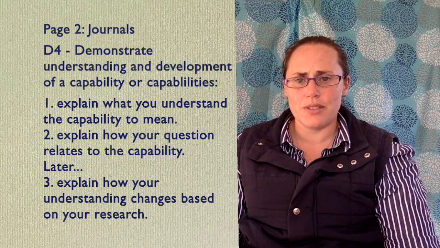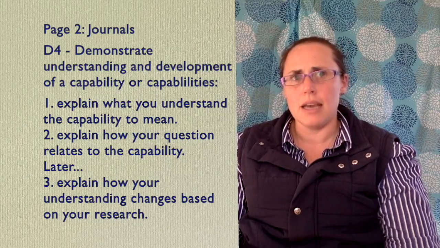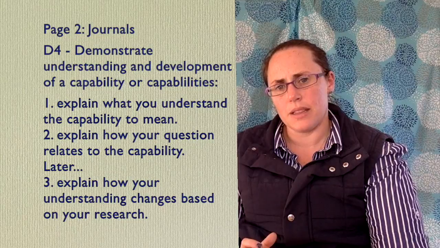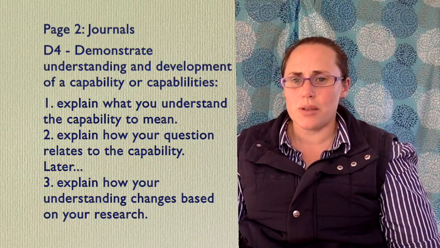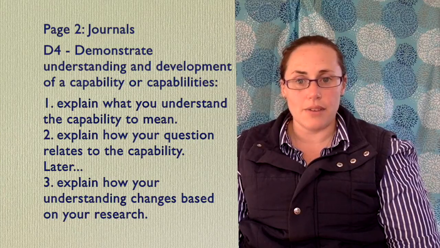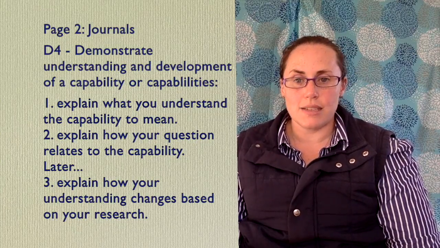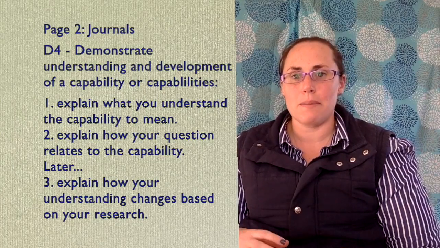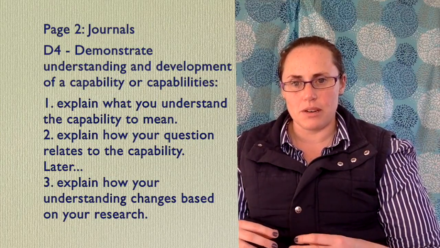Talk about how you've developed your literacy capability. Talk about how your question has related specifically to the literacy capability, or the personal and social capability. What is it? What do you understand about it at the very start? Then how that's developed over time and how your question relates specifically back to that development of that capability.